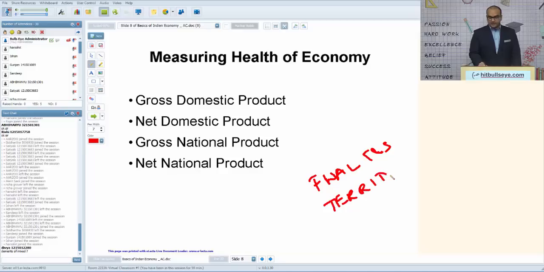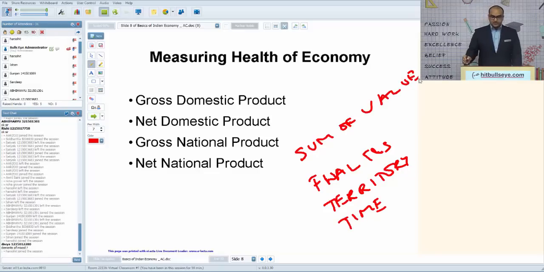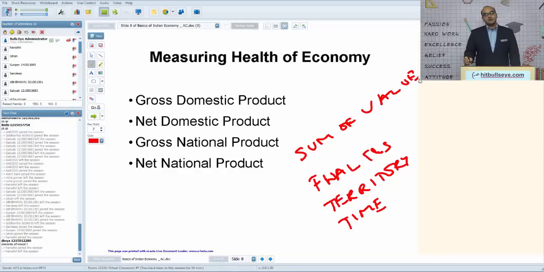I'm only writing the keywords here. Produced within the geographical territory of an economy for a given period of time. The sum total of values of final goods and services produced within the geographical territory of an economy of a country within a specific period of time.